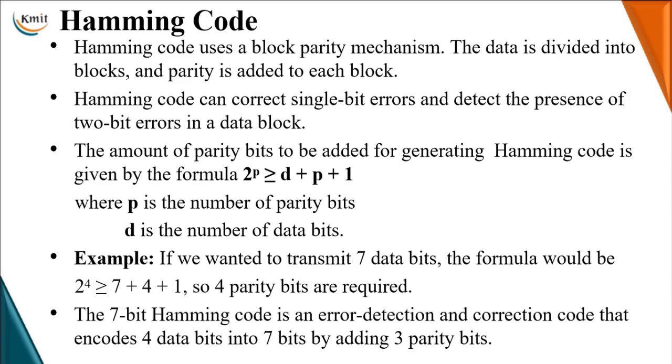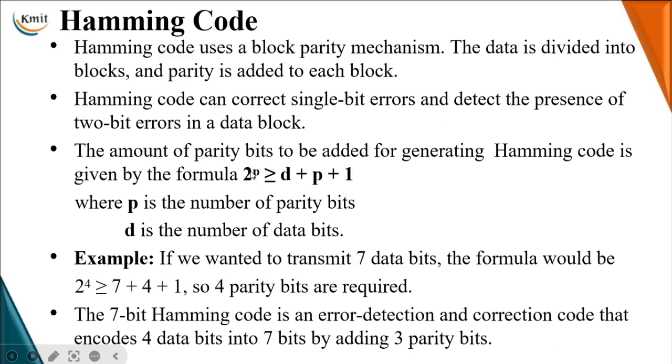Now the second example, to generate a 7-bit Hamming code. To transfer 4 data bits, first we have to determine how many minimum parity bits are to be used and how many blocks of data we have to categorize. To transfer 4 data bits, the minimum number of parity bits is 3.